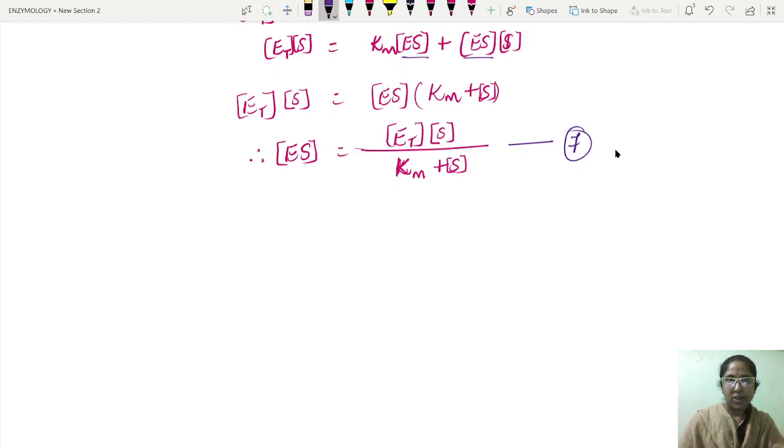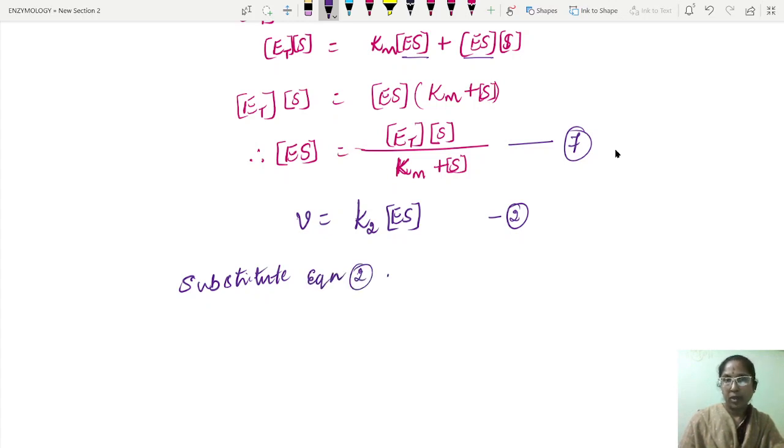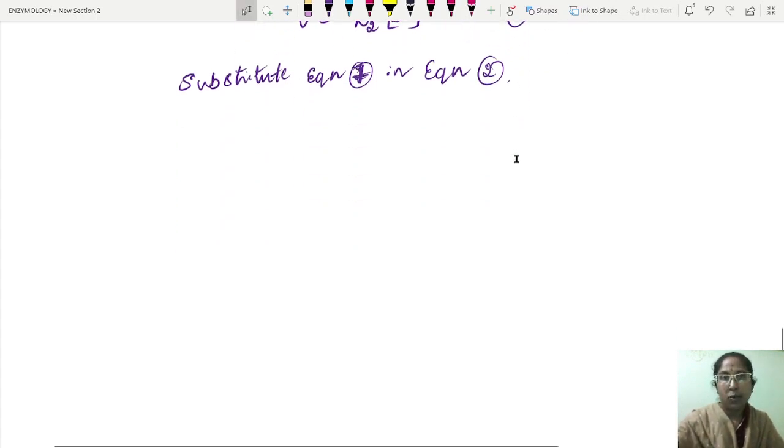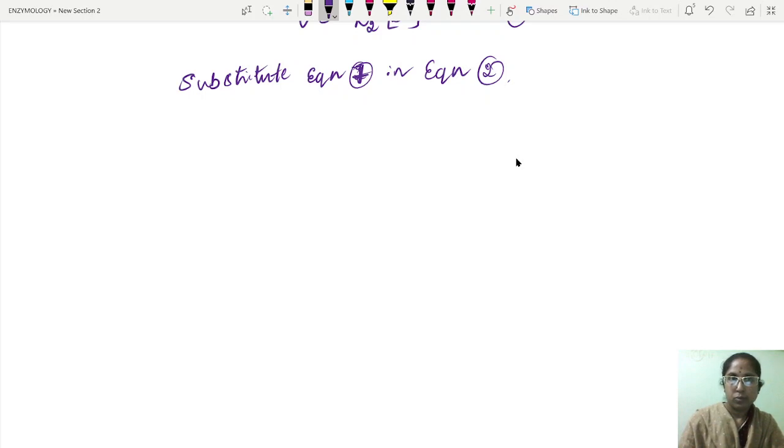Now consider the second equation. Equation number 2 is nothing but V, the rate of any enzyme catalyzed reaction, is nothing but k2 into ES. So if we substitute equation 7 in equation 2, we are going to have V equal to k2 into ES.